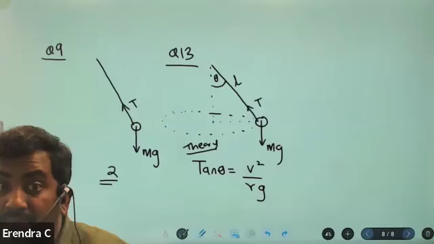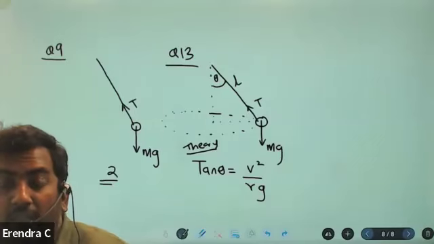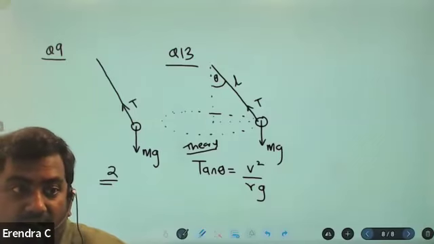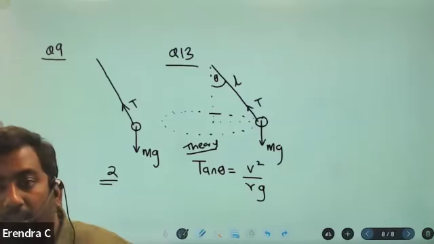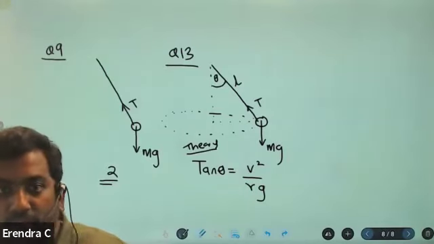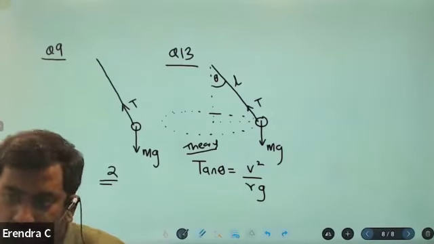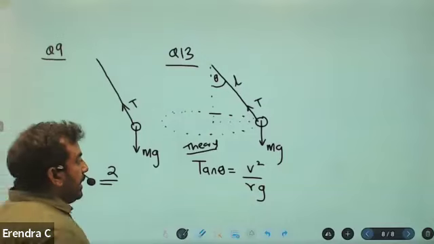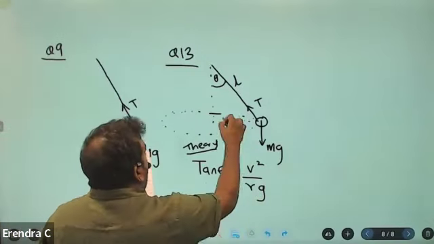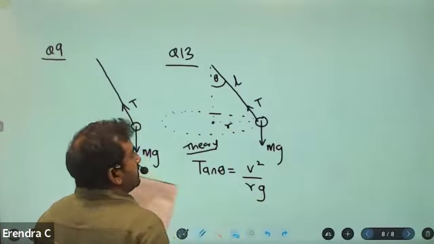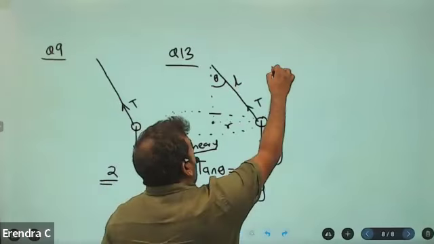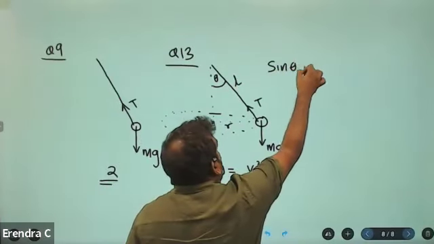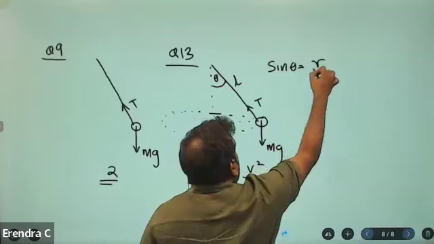If you write in terms of omega, omega squared R over G. If you substitute in terms of V, V squared divided by R, G. Now, what is this radius? If you look at this, sin theta is equal to opposite over hypotenuse.